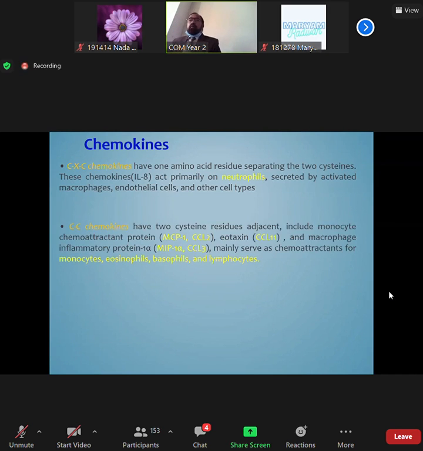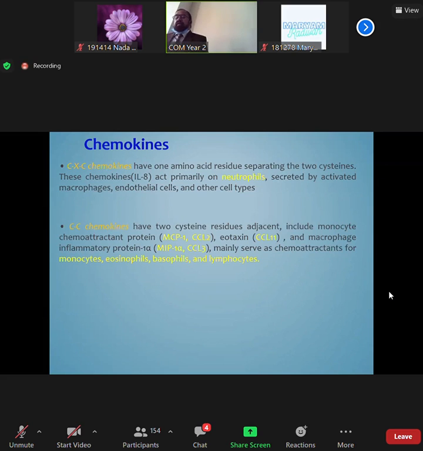The other one is CC. There is no amino acid between the two cysteine groups, which are adjacent to each other, including monocyte chemoattractant protein MCP1, which is called CCL2, which attracts monocytes. Then we have eotaxins, which is CCL11, which attracts eosinophils, and macrophage inflammatory protein 1 alpha, MIP1 alpha, which is CCL3, mainly serving as a chemoattractant for monocytes, eosinophils, basophils, and lymphocytes.